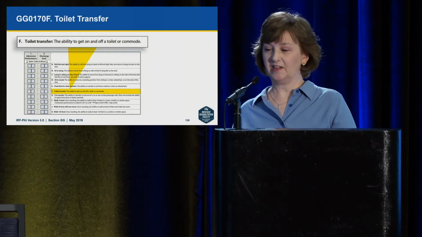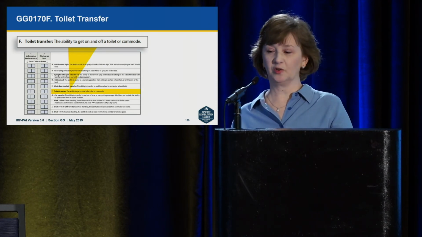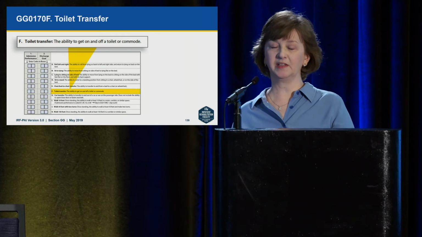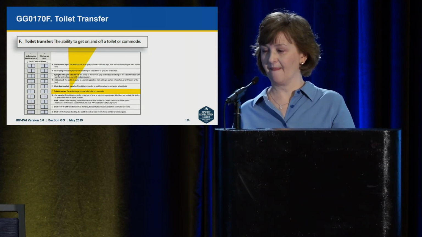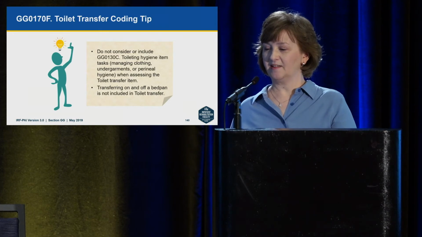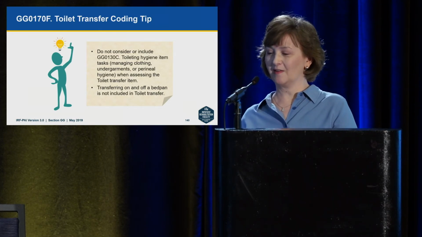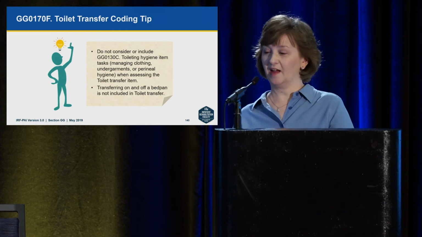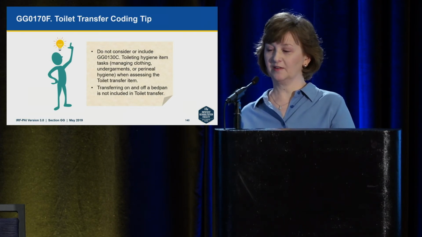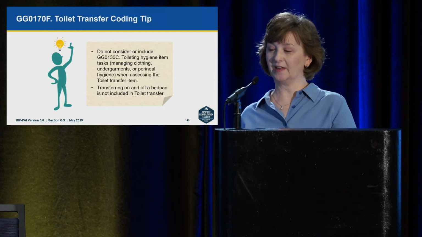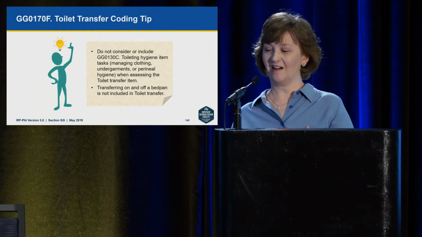The next activity is toilet transfer, and toilet transfer refers to the ability to get on and off a toilet or commode. And again, some coding tips based on some of the questions that you've submitted in the past. Do not consider or include GG0130, toileting hygiene item tasks, as you're actually assessing getting on and off the toilet.